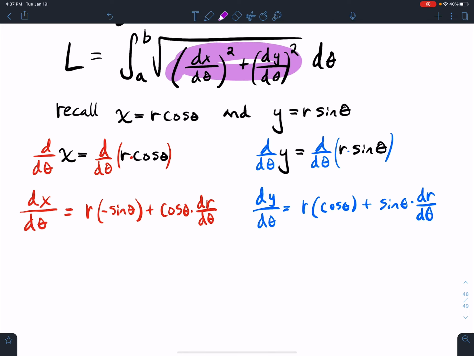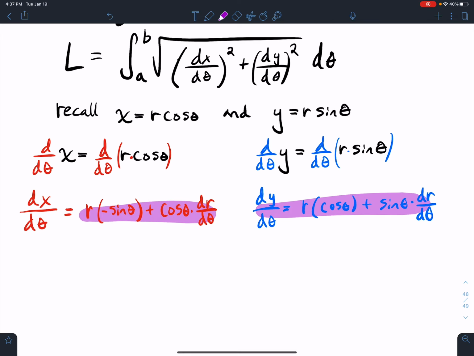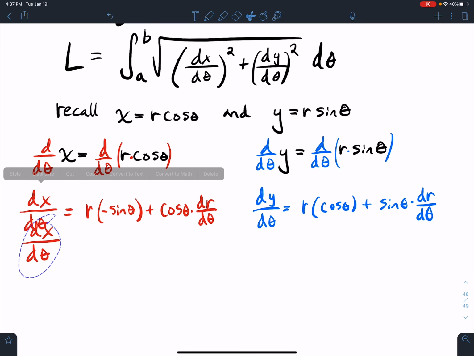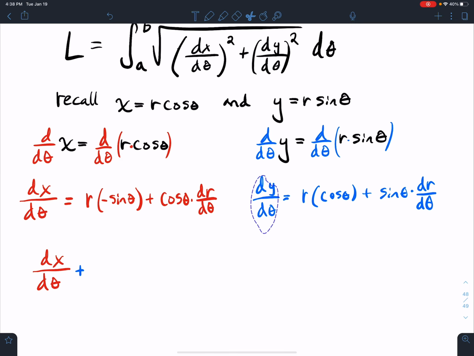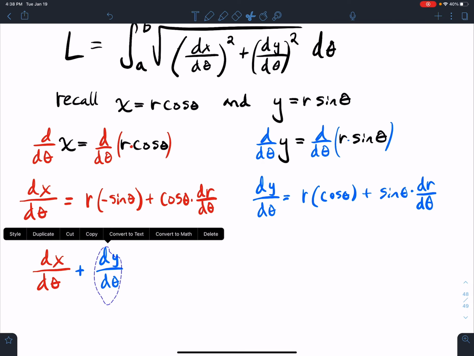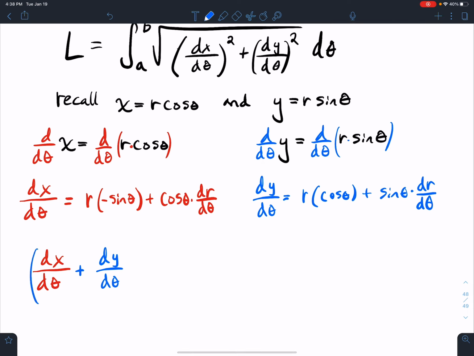And now what do I want to do? I want to do this inside piece right here. So I'm going to square each of these and then add them together. So (dx/d theta) plus (dy/d theta), all squared.